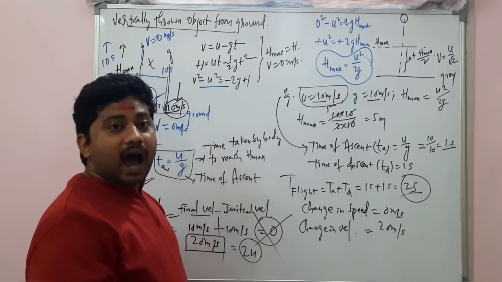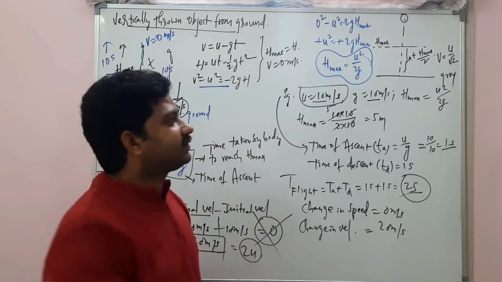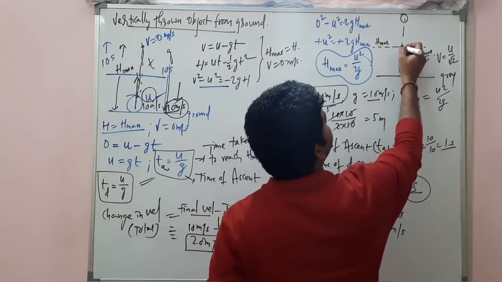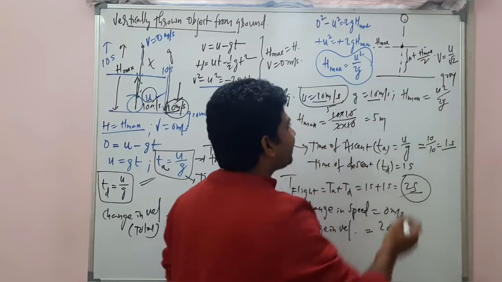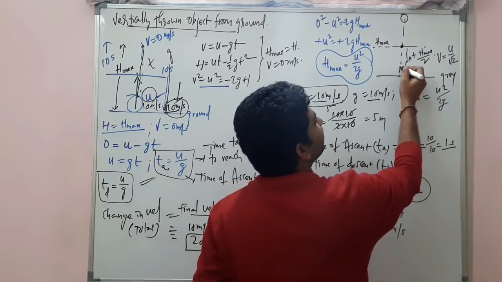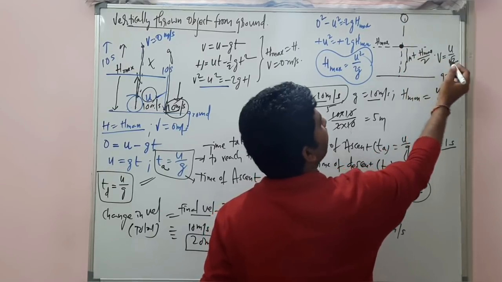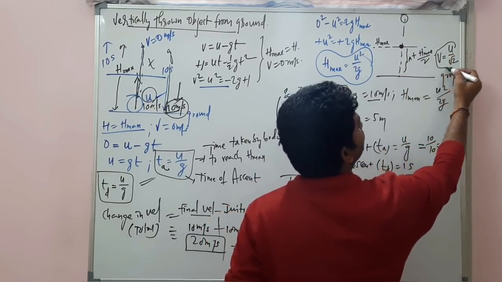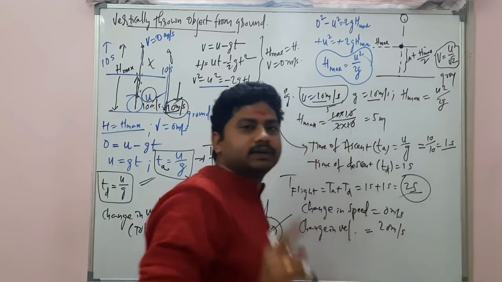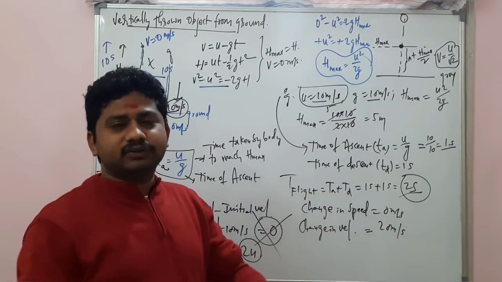See, this is the point. Velocity is decreasing, keeps on decreasing. At some point, half of the maximum height, the velocity is u by root 2. Remember this. You can also derive it, but it's not required.